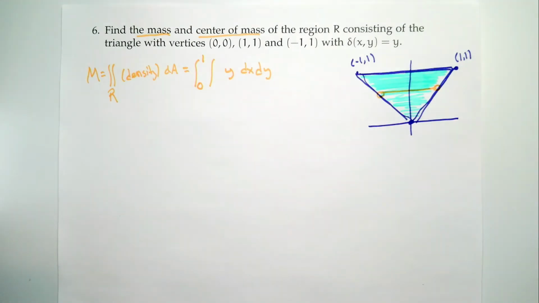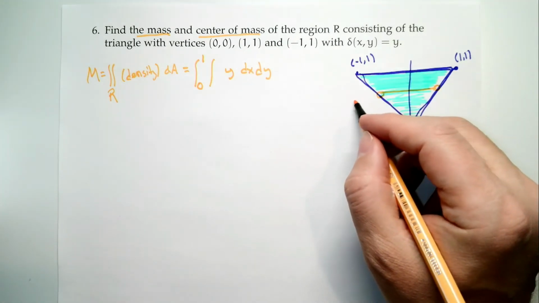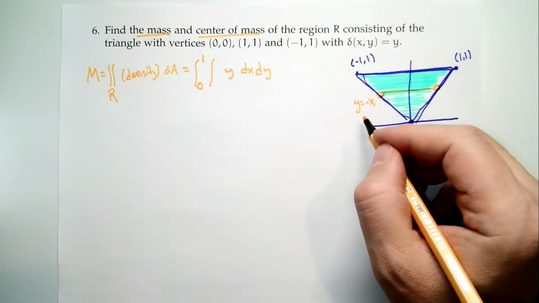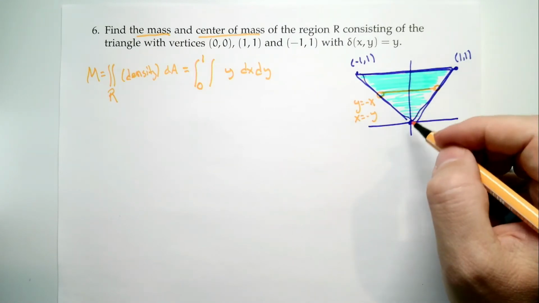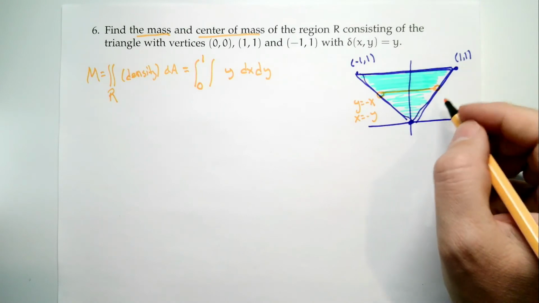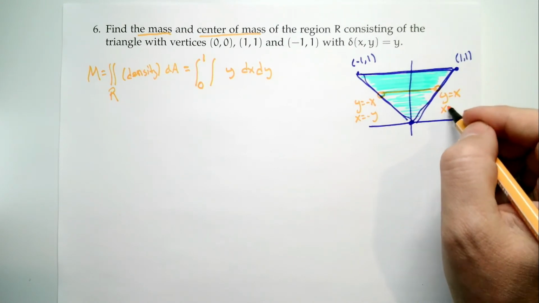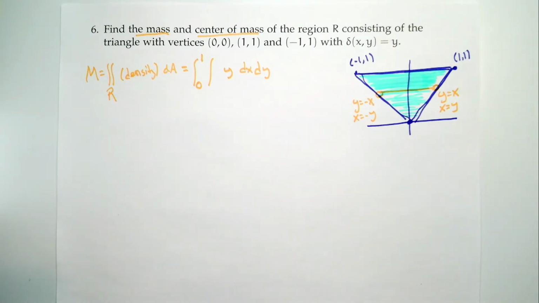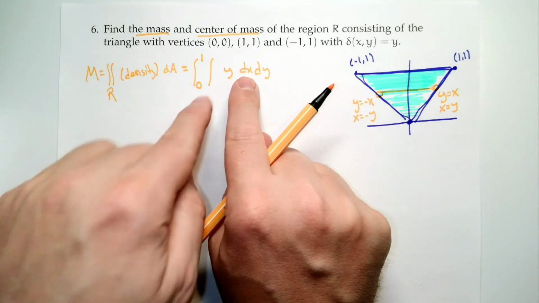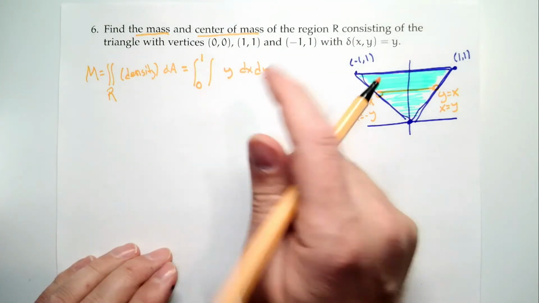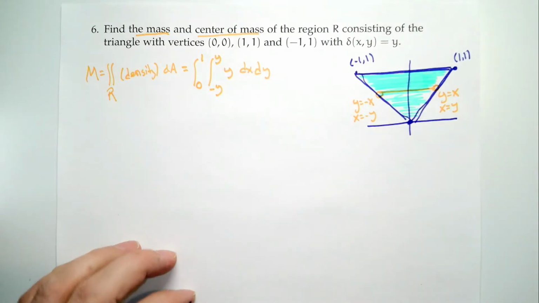Well, on the left-hand side, this line is the line y equals minus x, which we could also write as x equals minus y. On the right, (0,0) to (1,1) is the line y equals x, which also, true fact, is x equals y. Now these are x bounds because it's dx associated with that layer. So we're going to go from minus y to positive y.